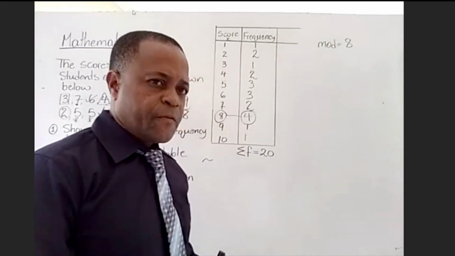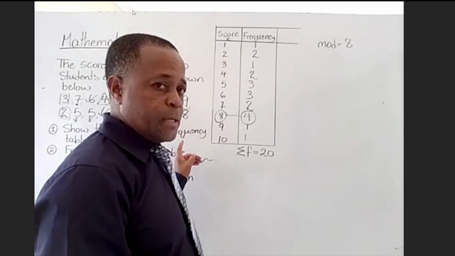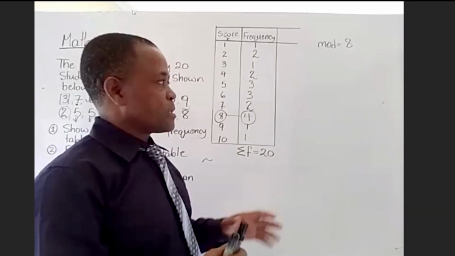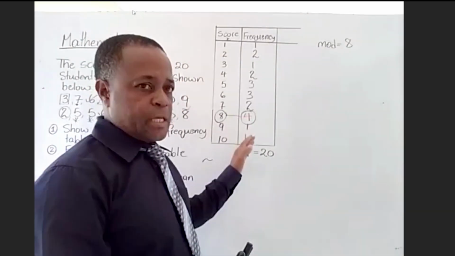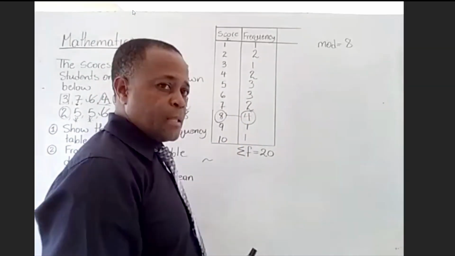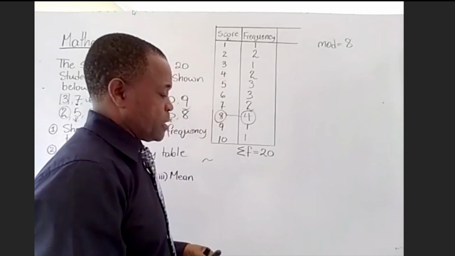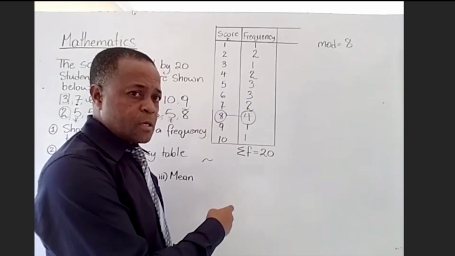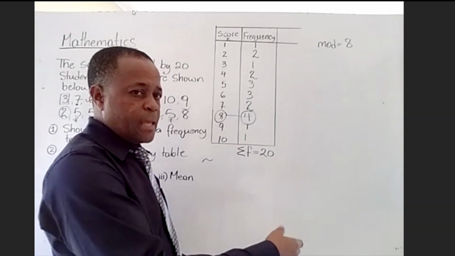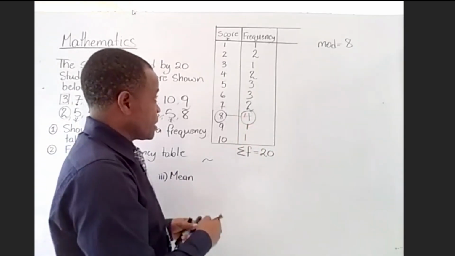As was mentioned before, we're going to use our raw data to help us as it relates to the calculation for the mean and also the median. So what we're going to do is to use our raw data first to actually find the median, and then we go to the table.